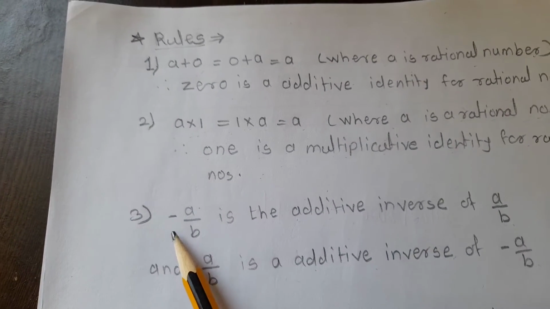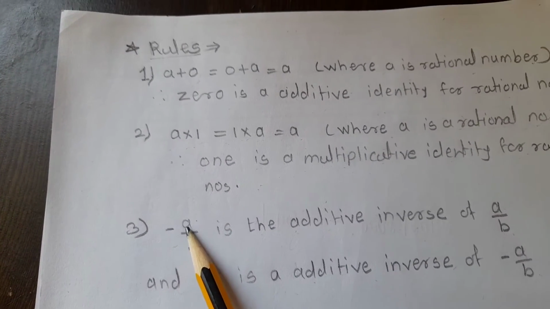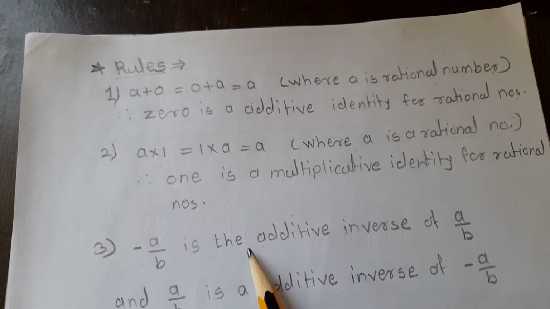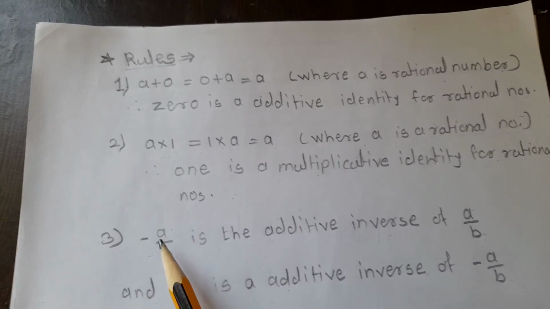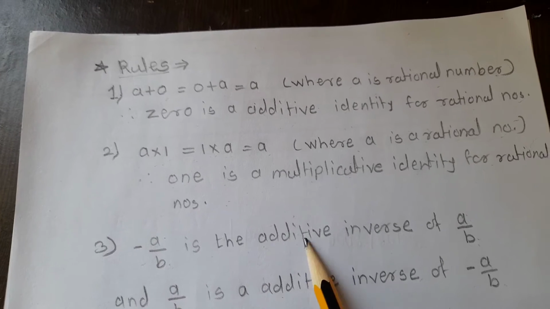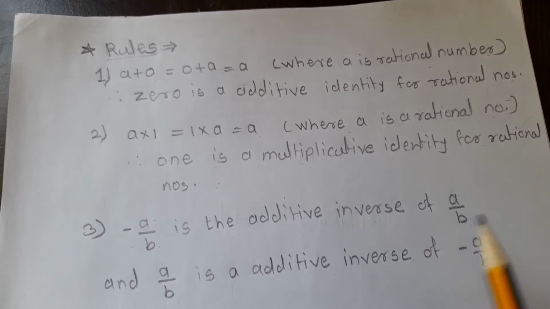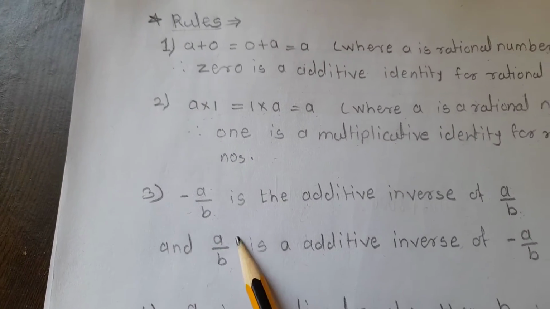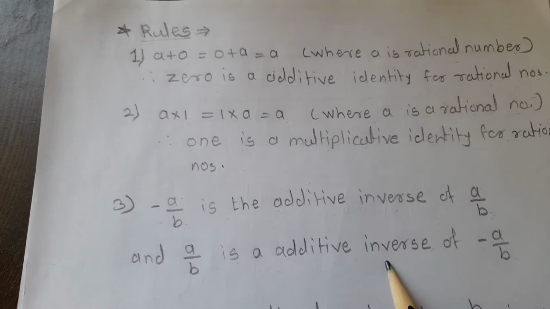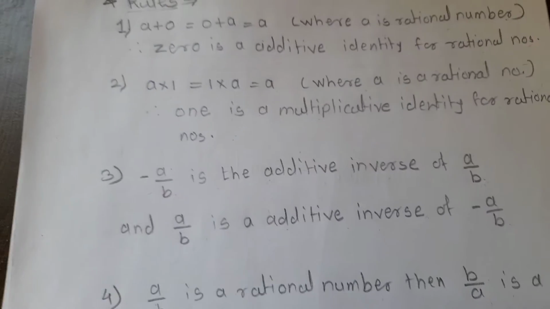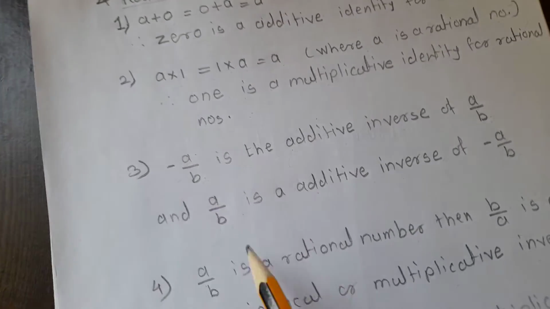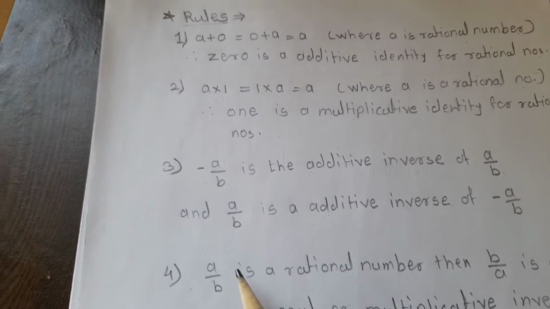Third rule: minus a upon b is the additive inverse of a upon b, and a upon b is the additive inverse of minus a upon b. Friends, please remember these rules. We need them to solve the questions.